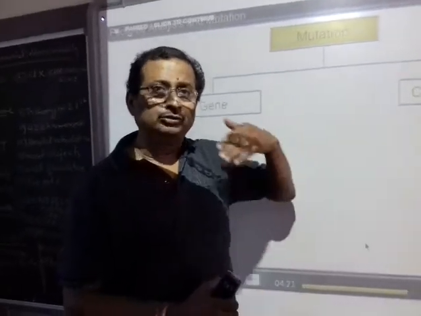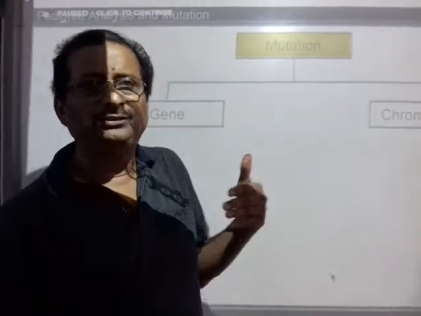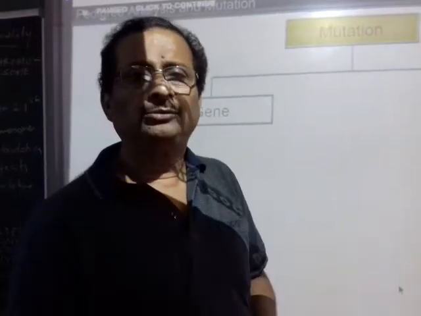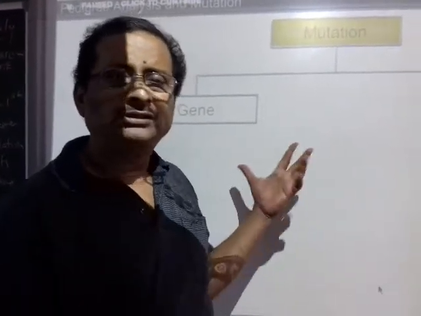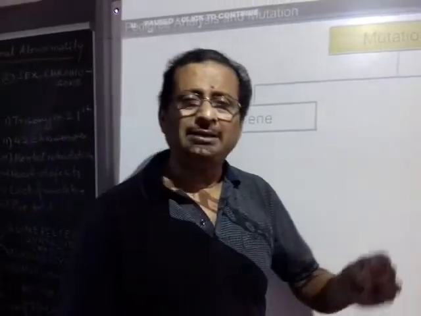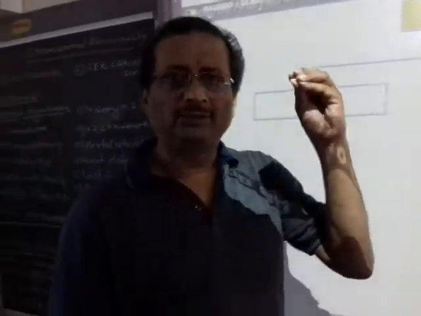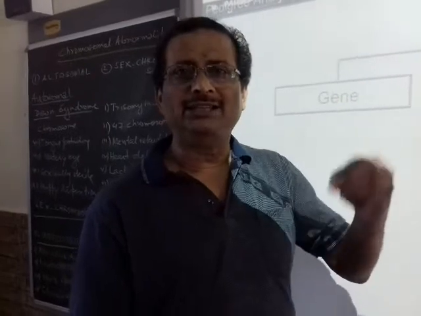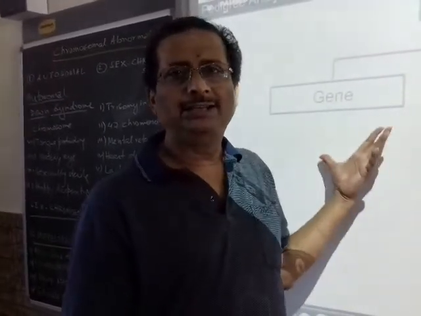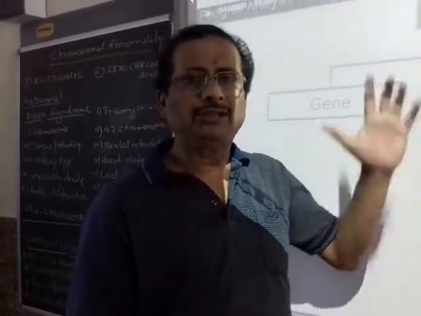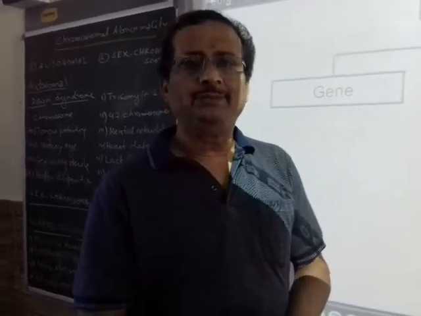So if the chromosome number is different and it leads to a mutation, that is a chromosomal mutation. And if it occurs in the gene, for example through a base pair changing, insertion, or deletion, various factors can lead to gene mutation. We are going to study this in more detail in the next class.